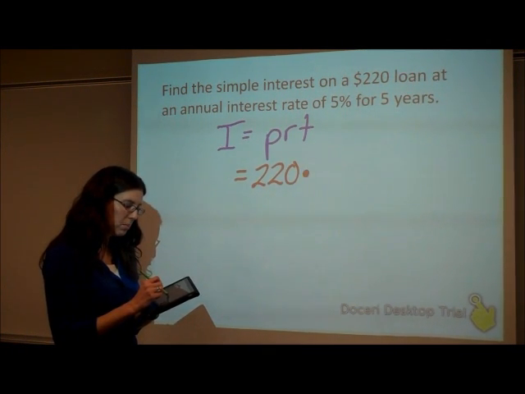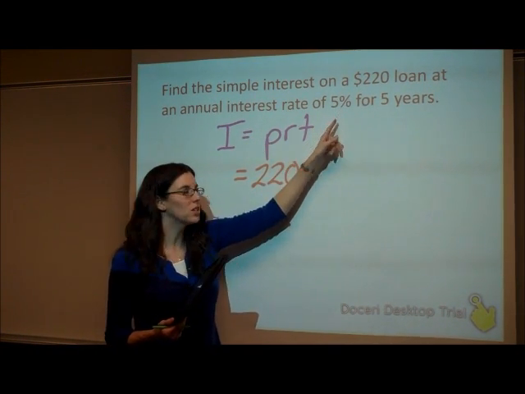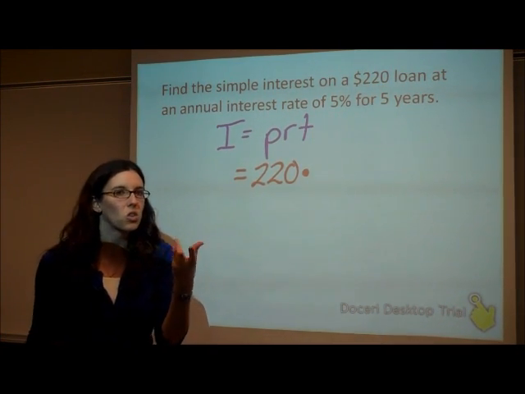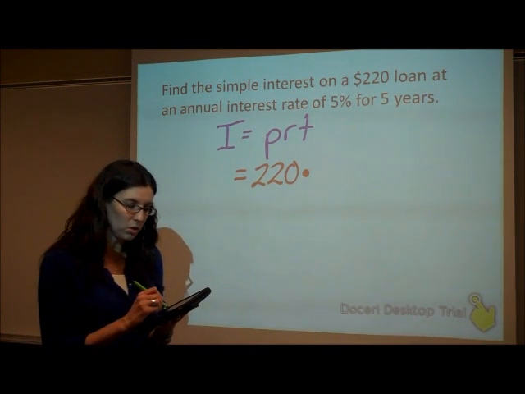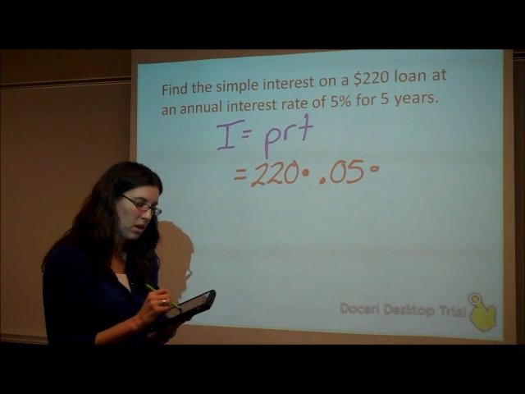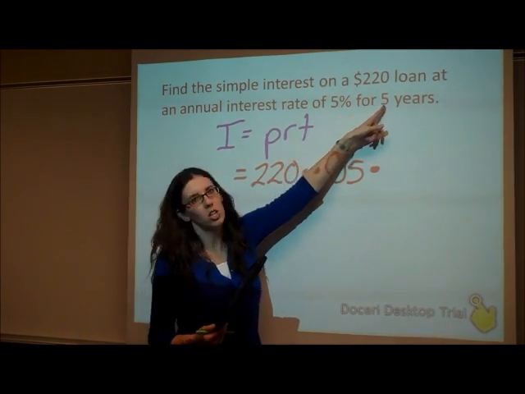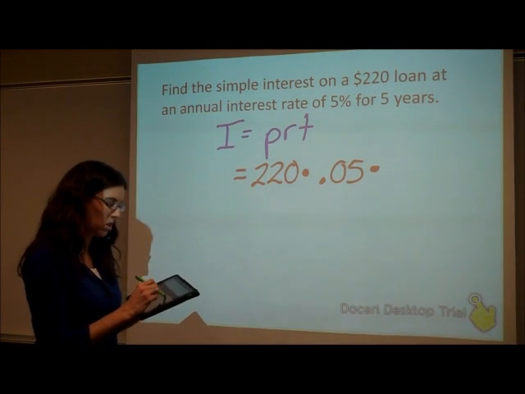So I'll put that in first. That's being multiplied by the rate, so 5%, but again, we're using a percent with other numbers, so I need to write it as a decimal. So it'll be 0.05. So here's my R. Now I need my T. Well, how long is it in there? For 5 years.